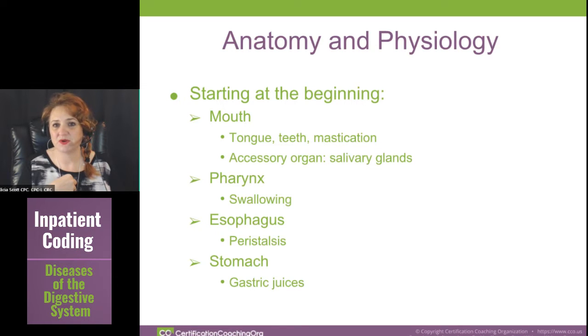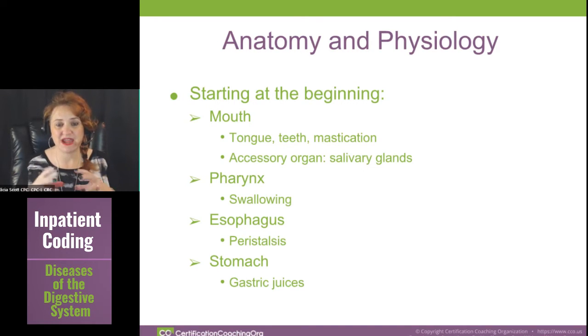Otherwise, it really doesn't have a purpose per se, right? Just it's a pathway, let's say that. The stomach, though, does have a purpose. Actually, a lot of people believe that the stomach is where we absorb our food, and it is not true. It is where the gastric juices are that break down the food for us.